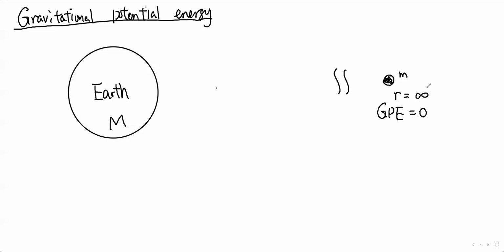Wait, sir, why in space is everything not stuck together? Because, let's say in this universe there is only the sun and the Earth. The Earth is still orbiting around the sun because although there's an attractive force, that force is responsible for the circular motion of the Earth.